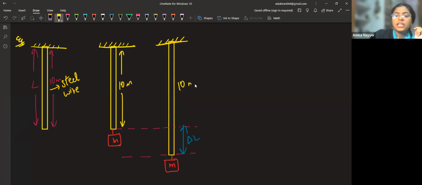Original length, it was 10 meters. This was the original length.